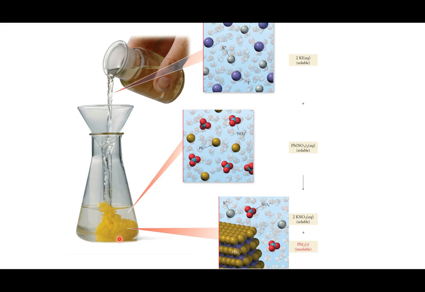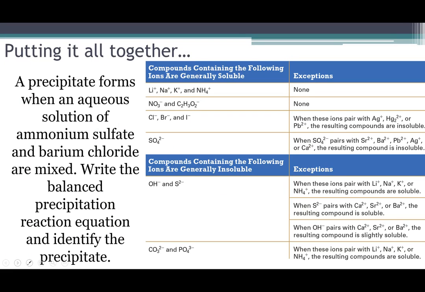So let's put this all together. Okay, big problem coming up here. Lots of words. Something I could absolutely do to you, something that's perfectly acceptable. A precipitate is just a fancy word for a solid forms.